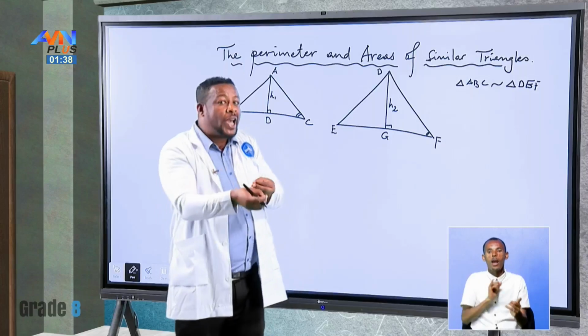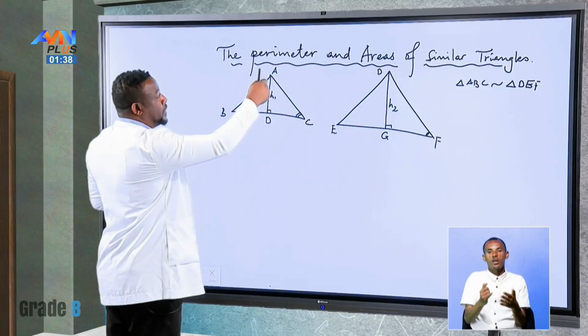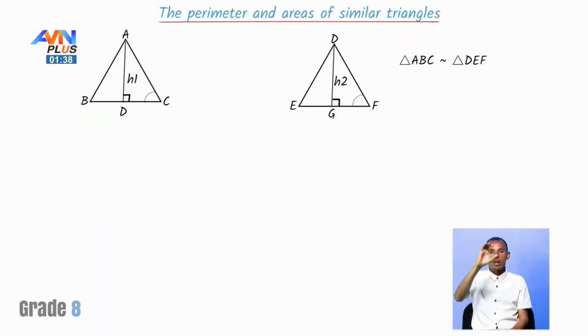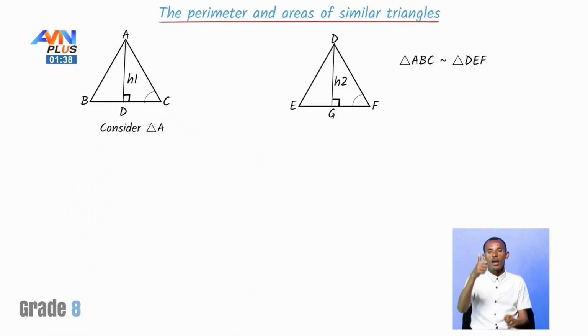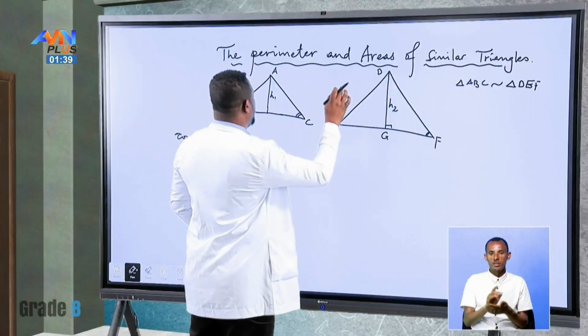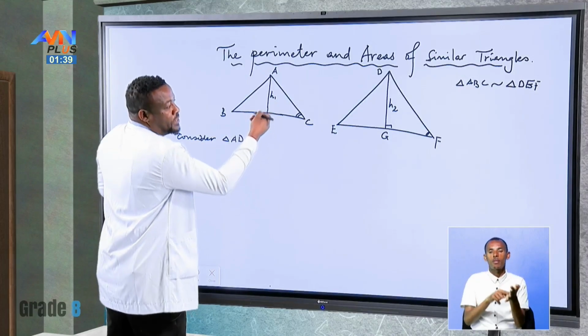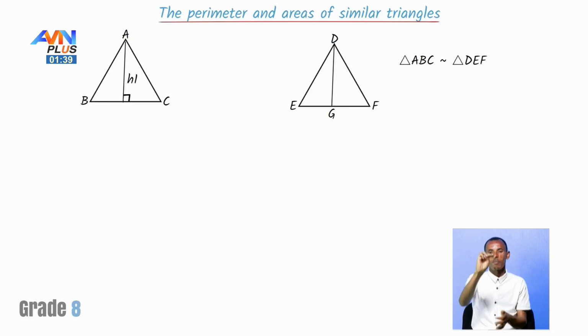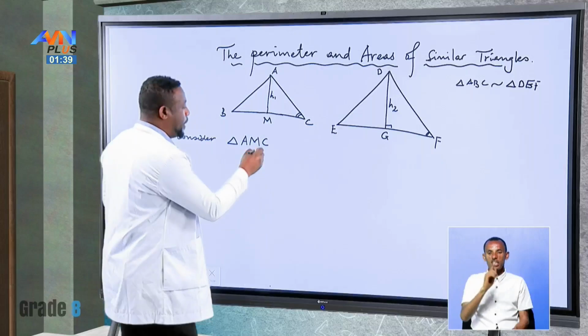Now I need you to take two other triangles from these two figures, okay? To avoid similar notation, let me change this point to say M. Now I need you to consider triangle AMC and DGF, okay?